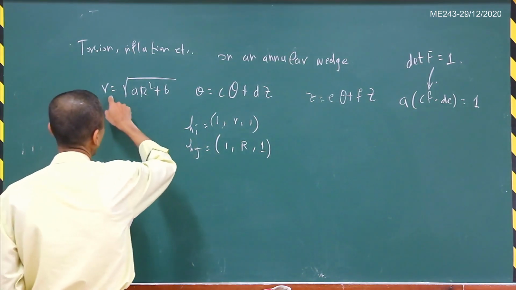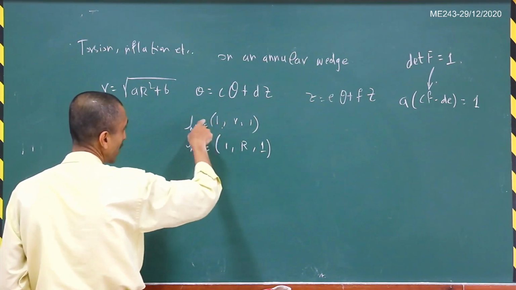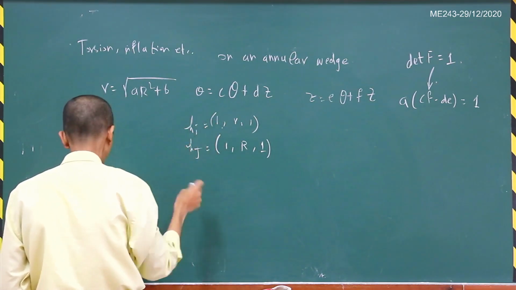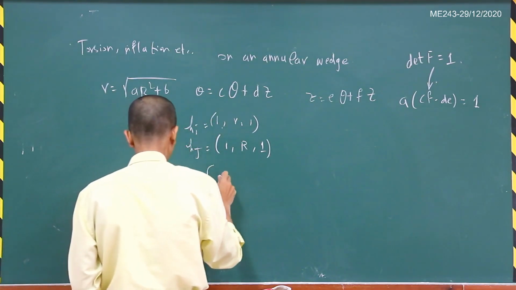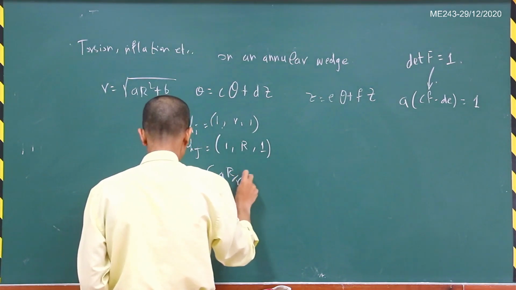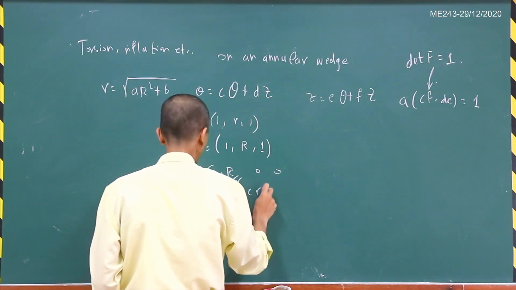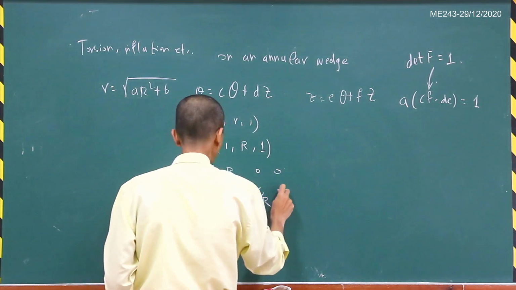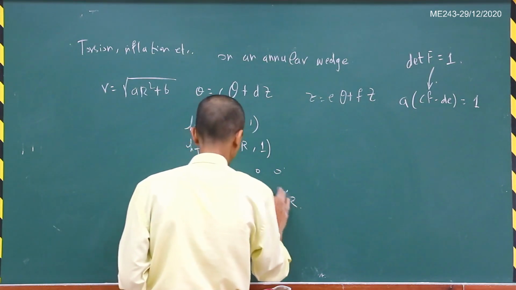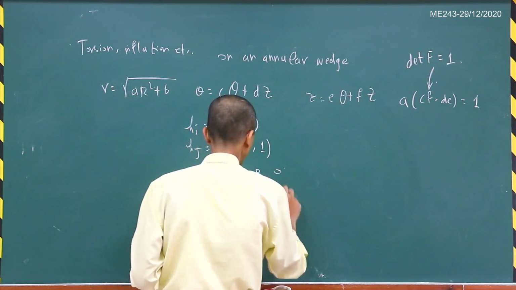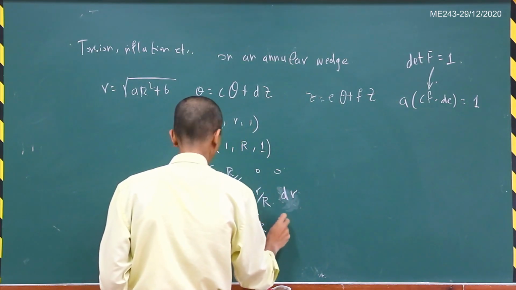So del r by del r, and then multiply by the scale factors. So you will get that F is equal to a r by r, 0, 0, then 0, c r by r, d, then 0, e by r and f.